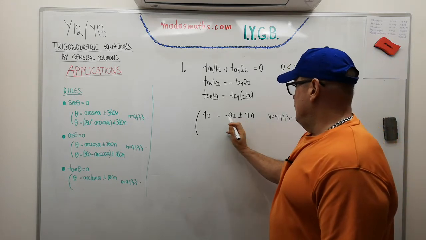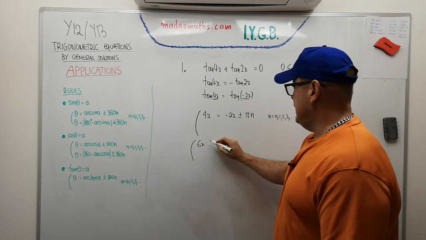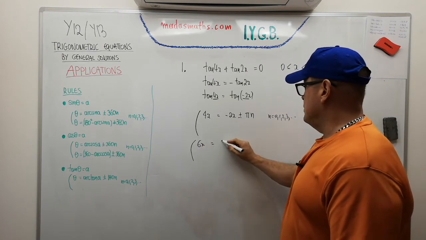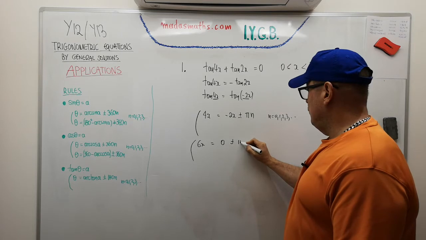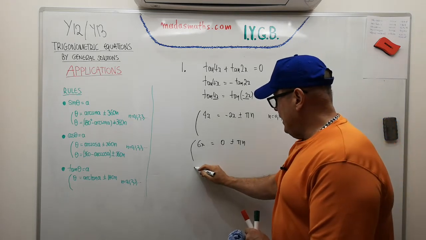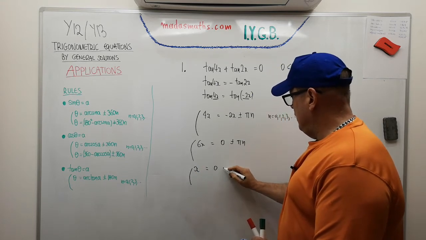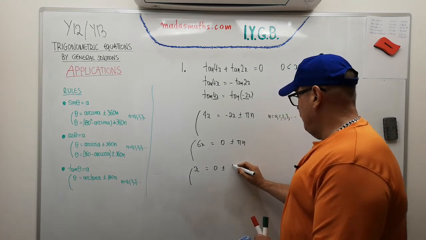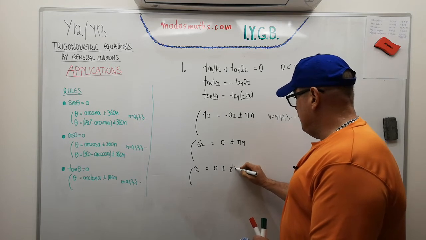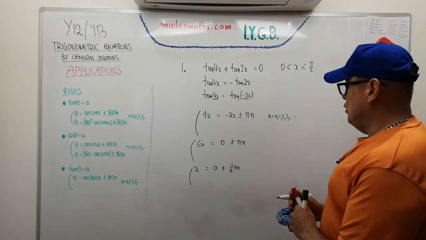Move the x's all on the left, so I'm going to do it down here. 6x is equal to 0 plus or minus pi n, and that's looking very good. So my x on the very last line will be equal to nothing plus or minus 1/6 pi n, and I'm ready to pick up solutions between 0 and pi over 2.